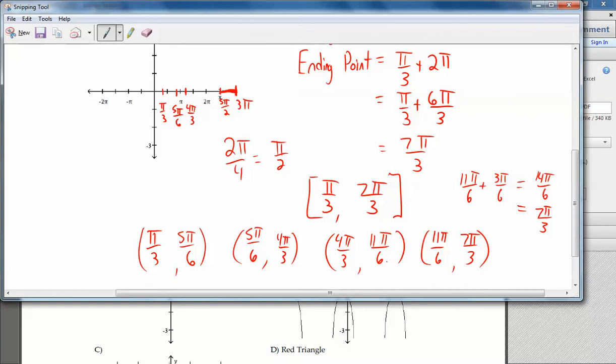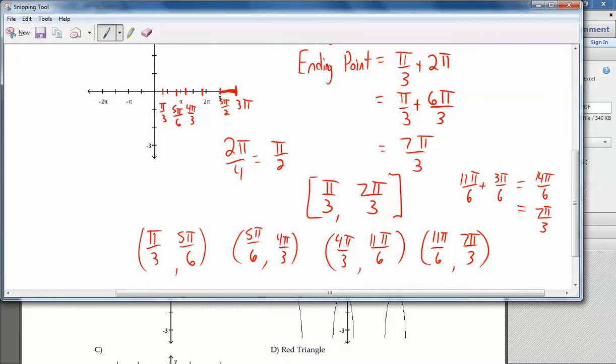11 pi over 6 is almost all the way to 2 pi, but not quite. So about right here. This may not be exactly to scale, but it'll be close.